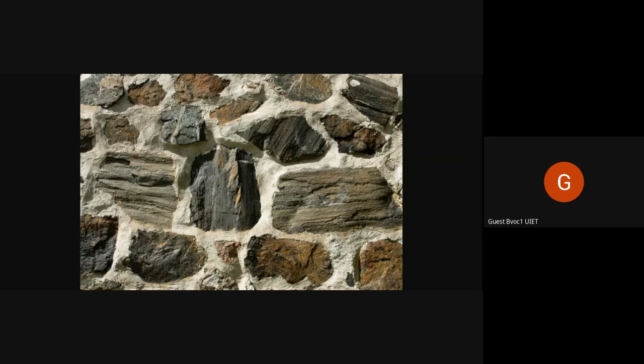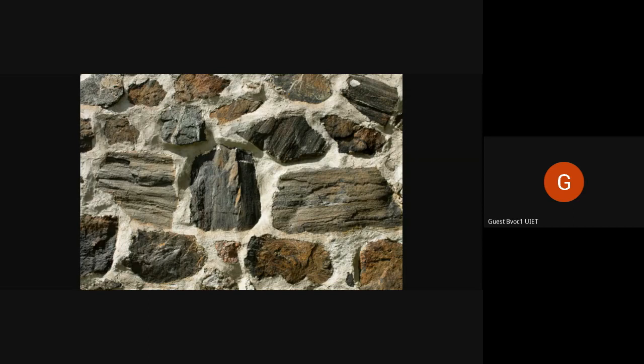So that's load bearing, in which the walls bear the load, and they have no columns or anything. They have very thick walls because the walls are the ones taking the weight, the stress of the structure.